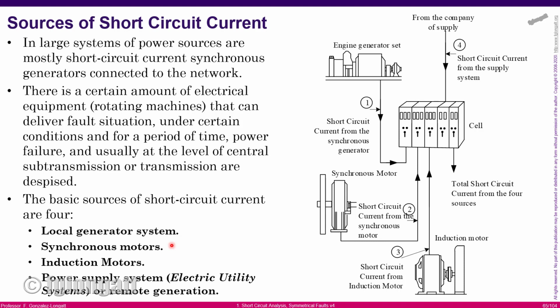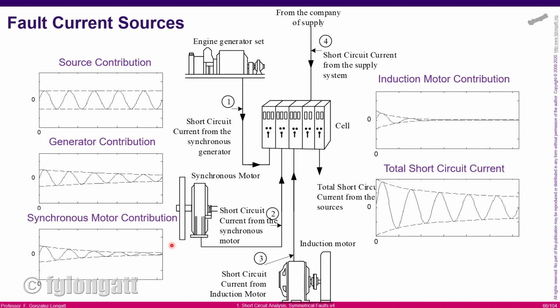And the other component is the supply coming from the utility. Here, this is a very famous slide that is coming from, if my memory is correct, the book of Beeman. What I am showing over there is an approximate plot of the short circuit contributions.